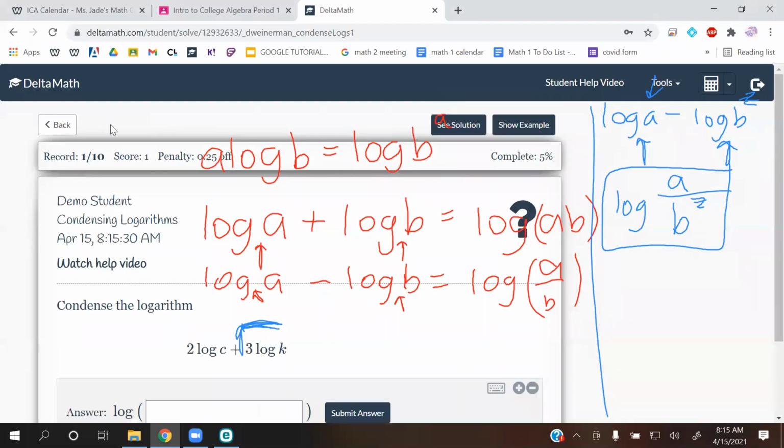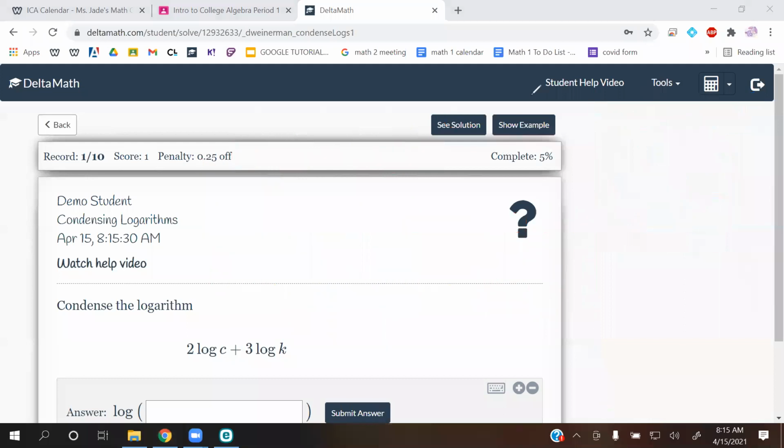Okay, so next problem. Now let's clear all those annotations because they're just kind of in the way. So we have 2 log of C plus 3 log of K. Let's combine each of these.